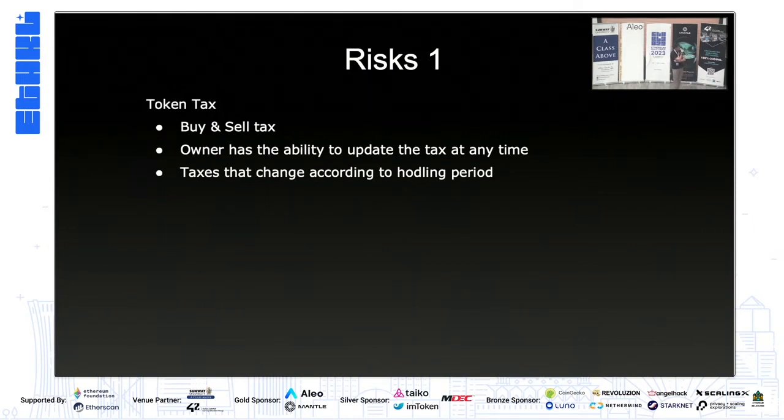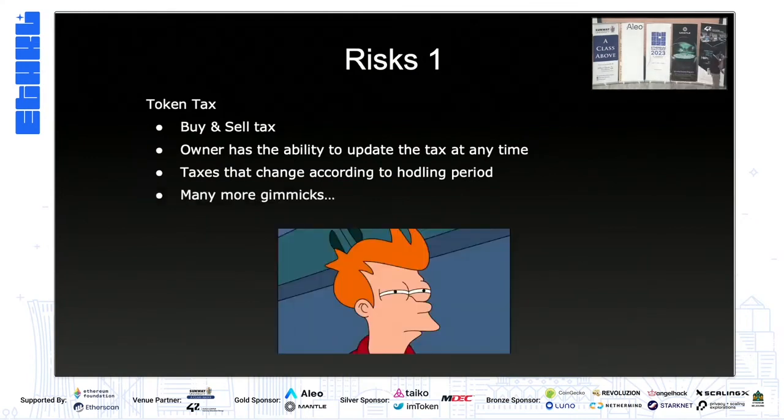Also, we've seen certain tokens that carry taxes that change according to time. For example, the longer you hodl, the lower the tax, but the longer you hold, the more exposure you get. Yeah, there are a lot more gimmicks out there.